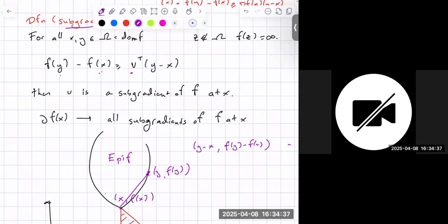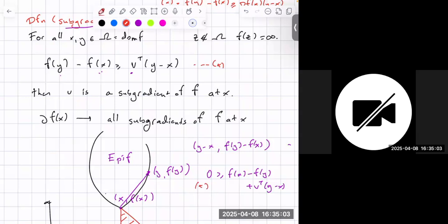So if I write it some other way, the inequality says the following: for my v, I have to have 0 bigger than f(x) minus f(y) plus v transpose (y minus x). I'm just rewriting this inequality. This is what that thing is saying.